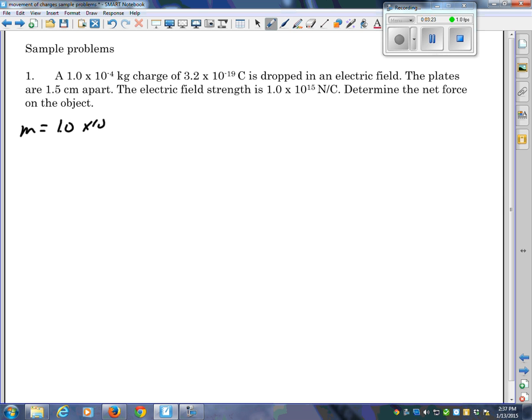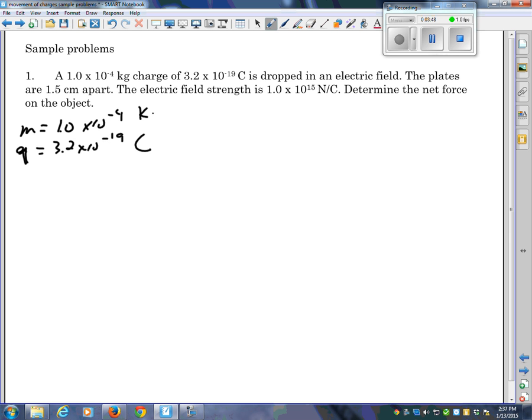The mass is 1.0 times 10 to the minus 4. The charge Q is equal to 3.2 times 10 to the minus 19. You may have alarm bells going off in your head. You're realizing that that's actually equal to 2 elementary charges, right? No, that's coulombs. Q is measured in coulombs, right?